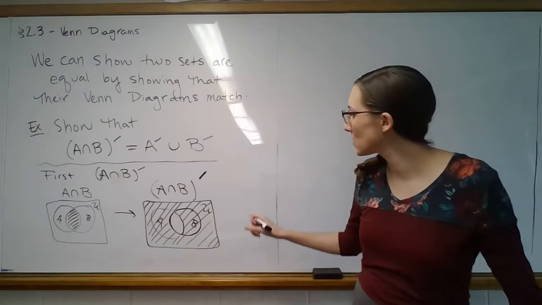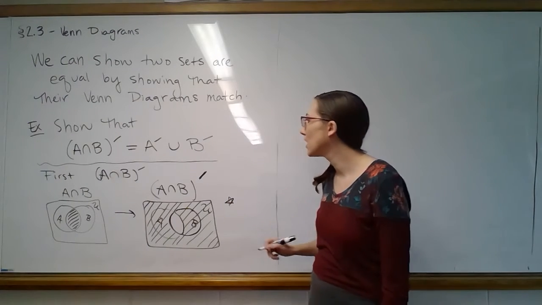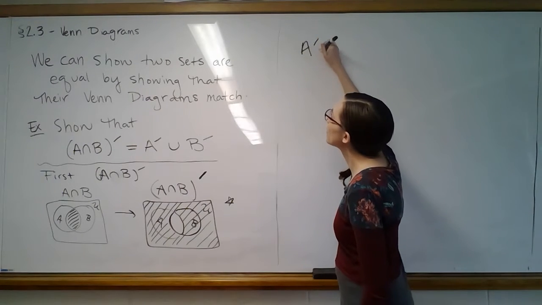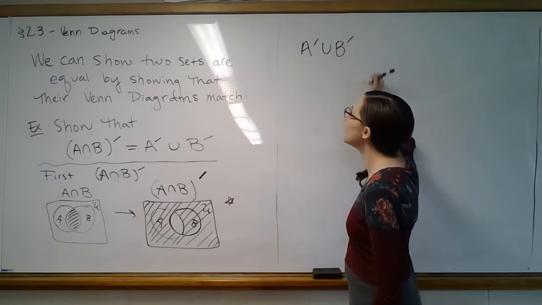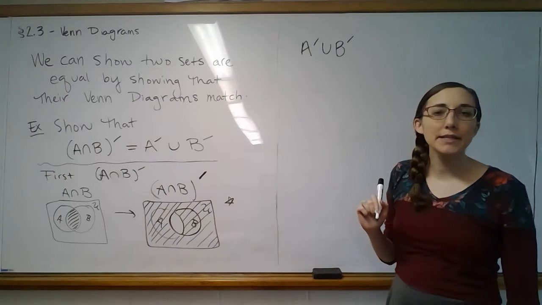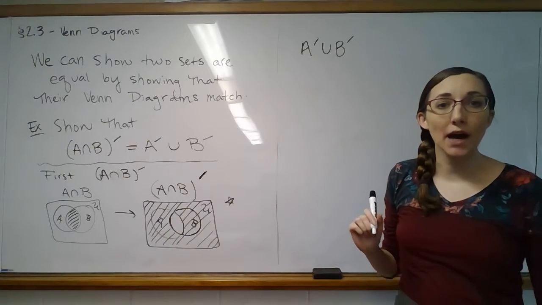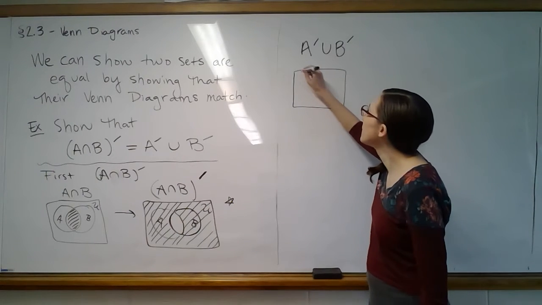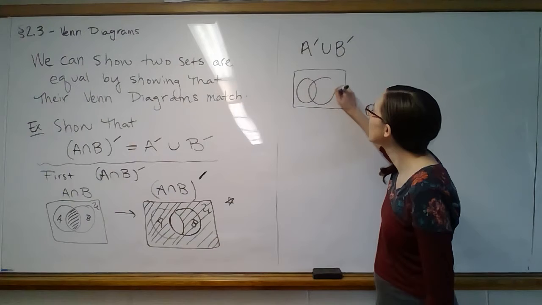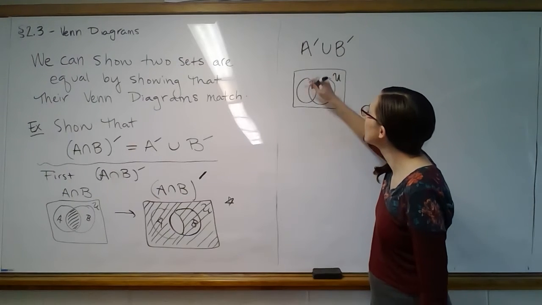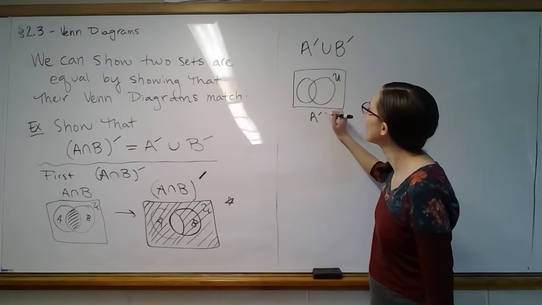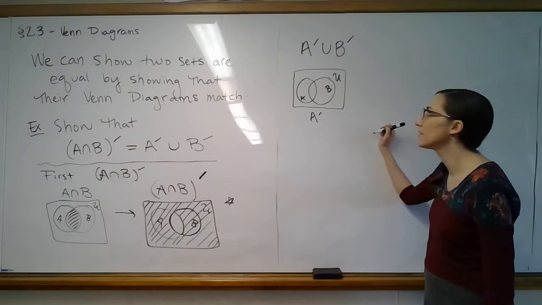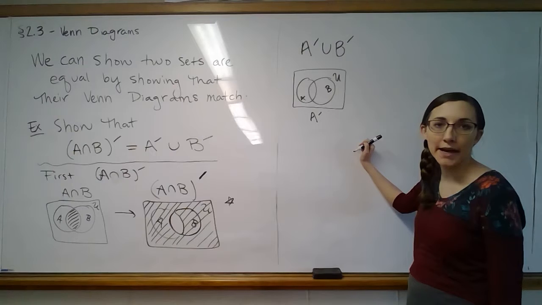So now we need to look at that picture and compare it to the picture for A complement union B complement. Now breaking down A complement union B complement, let's do a picture for A complement first. So I need two circles, A and B, inside of the universal rectangle.